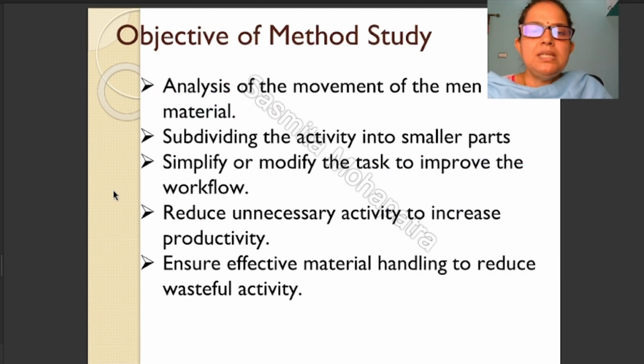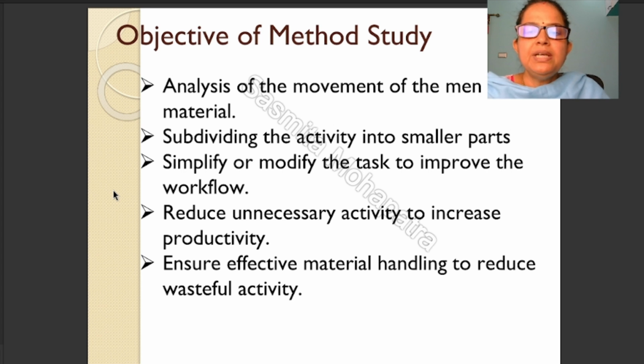Objective of method study. Analysis of the movement of men and material. We need to analyze the movement of workers, the material movement, and the flow of the material throughout the process. Then we divide the activity into smaller parts.